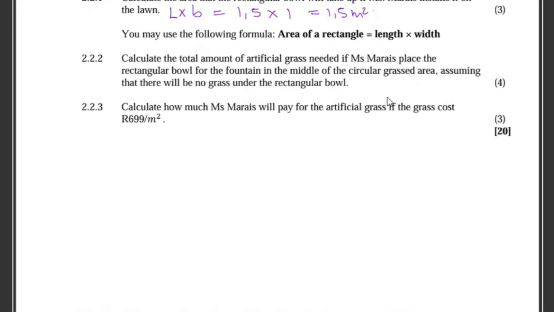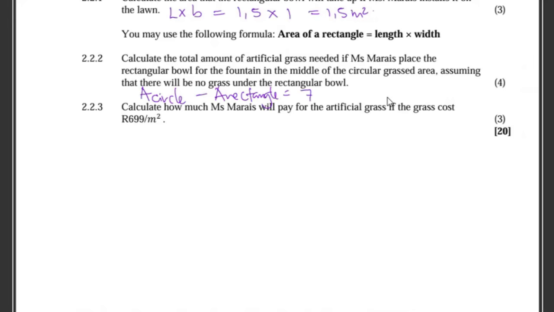So what you're going to do, get the area of the circle that we got up there minus the area of this rectangle that we've just got.